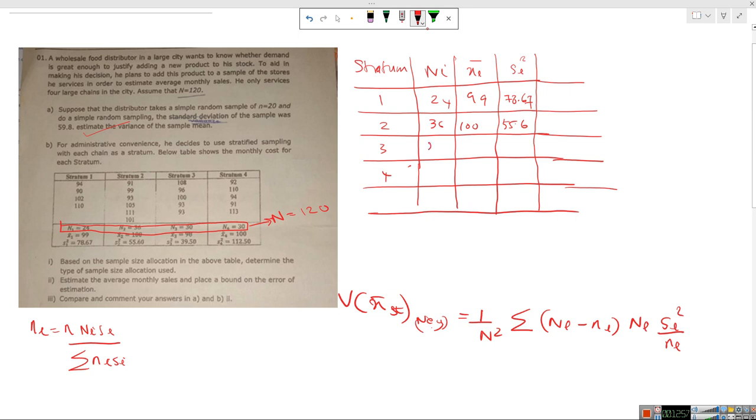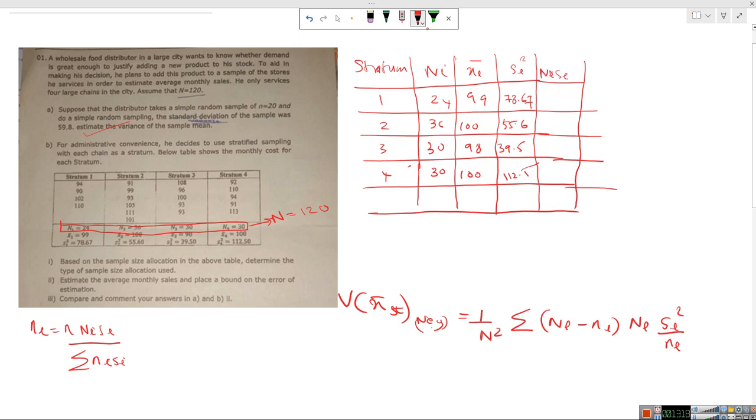Then here 30, 98, 39.5, and here 30, 100, 112.5, right? So these are the values that have been given, and using your calculator you can easily find out Ni into Si, right?